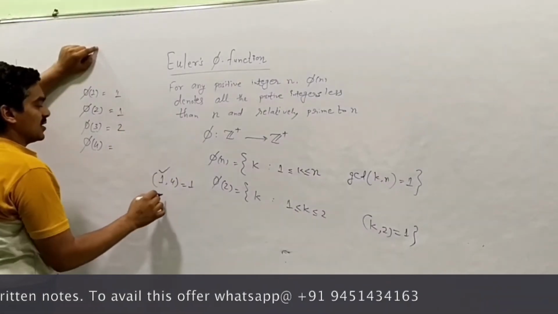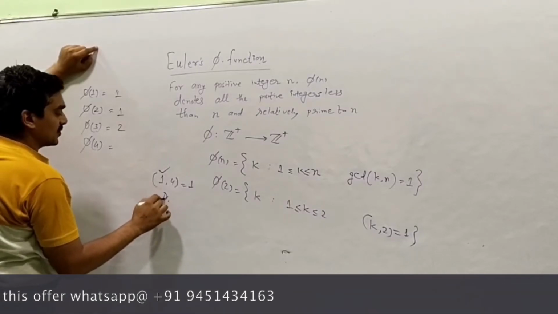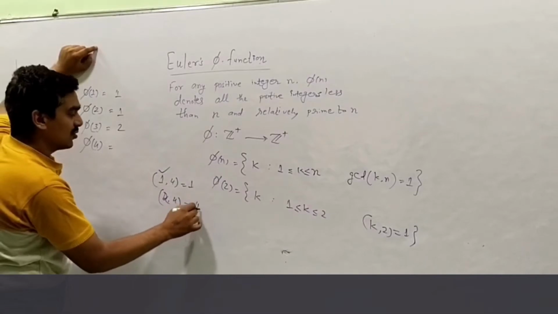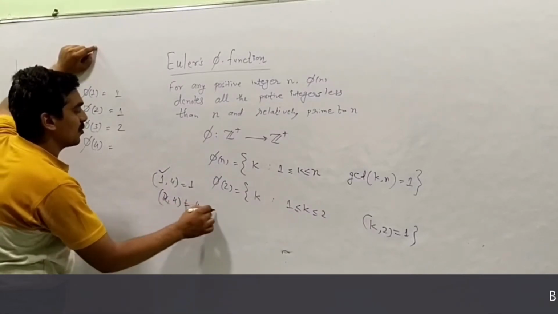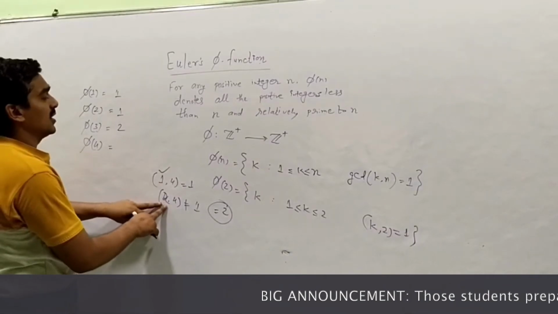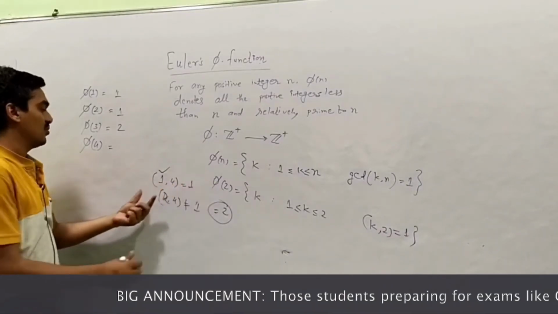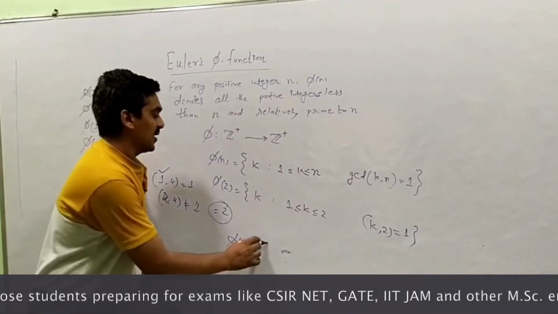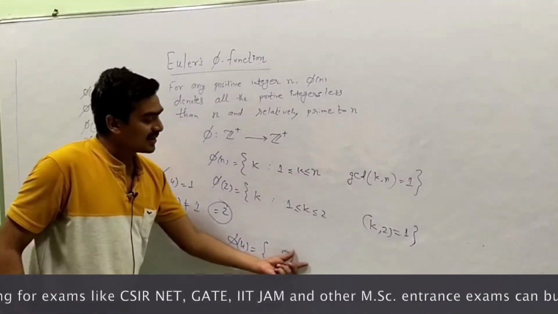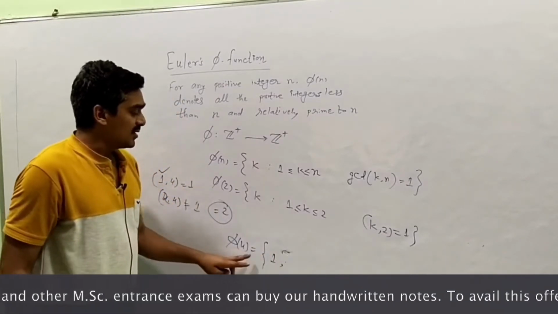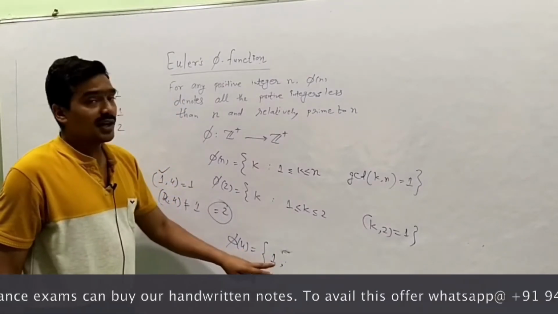GCD of 2 and 4 is not 1; GCD of 2 and 4 is 2, therefore we cannot include this number in this set. When we prepare phi 4, what integers should it contain? 1, because 1 and 4 are relatively prime.